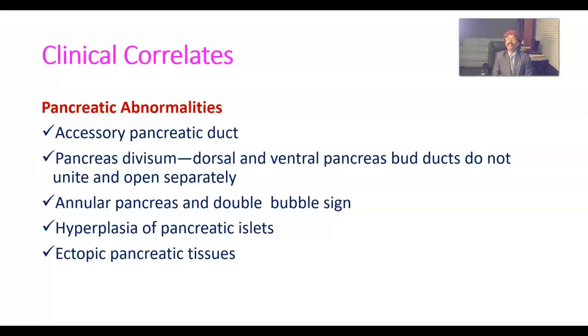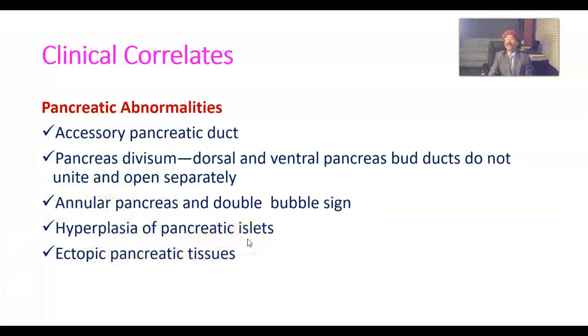That will encircle the duodenum, and there may be intestinal obstruction, and we may get the double bubble sign on radiology. This is the double bubble sign. Annular pancreas may completely obstruct the duodenum.